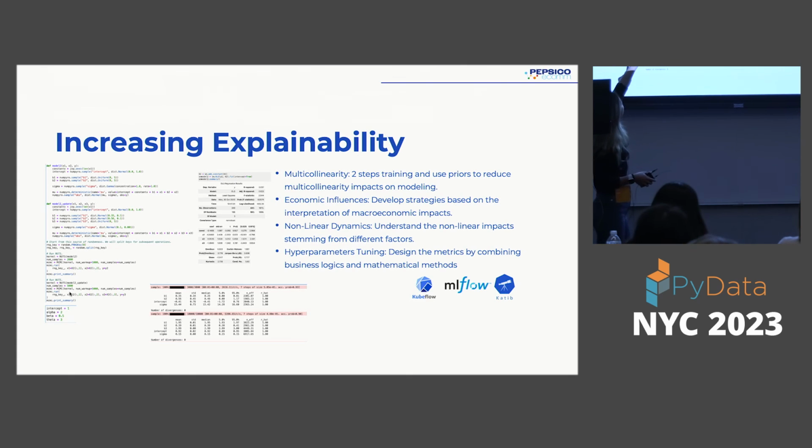But if you look at the frequentist approach, we see the p-value is super high, which means we cannot really trust our model. It's not giving you something significant. So I think this is another design we need to keep in mind when we are building MMM.